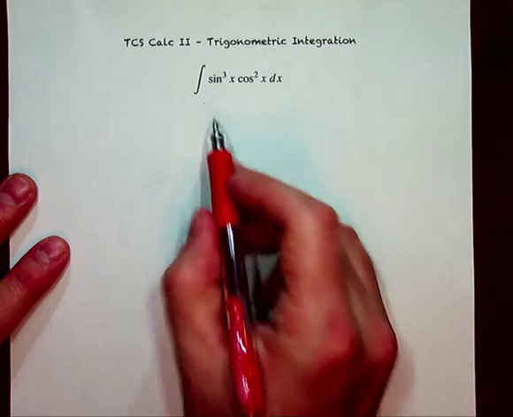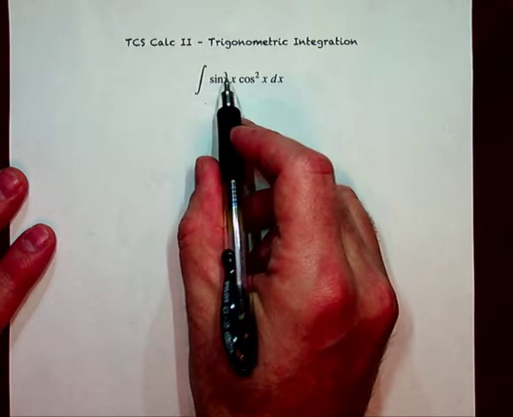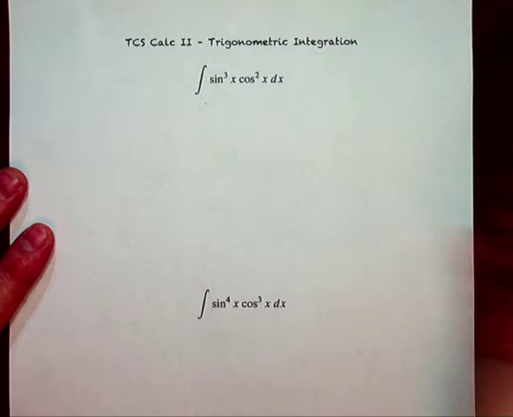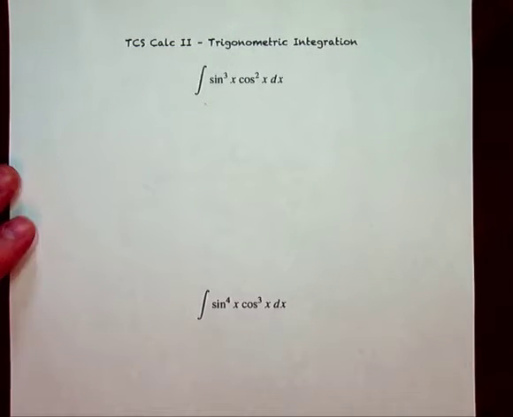So on this one, notice that we have a sine to an odd power and a cosine to an even power. Now, if I'm going to be using Pythagoreans in order to change sine into cosine or cosine into sine, I need to remember that that helps me get rid of or change the form of an even number, right?